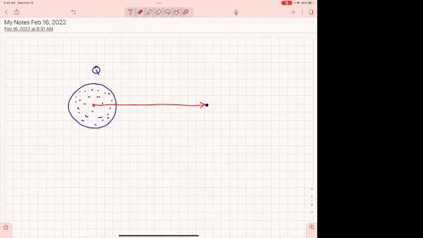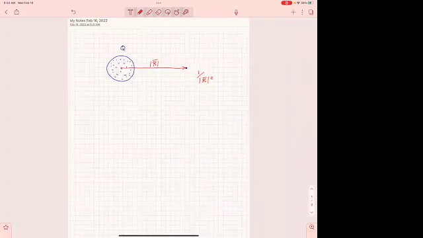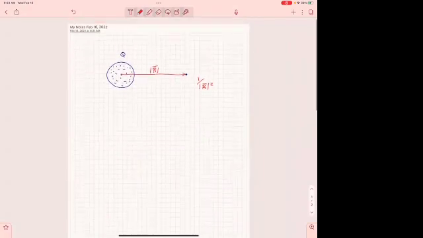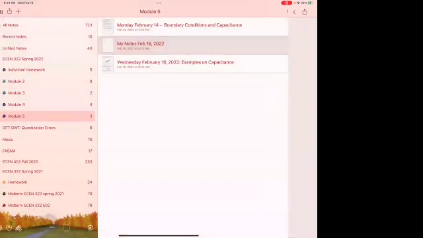The only way this is not true is if there are other charged bodies or charges around that disturb the distribution. But in this case, it's going to vary as 1 over r squared. So this kind of thinking is important as we go to these problems.